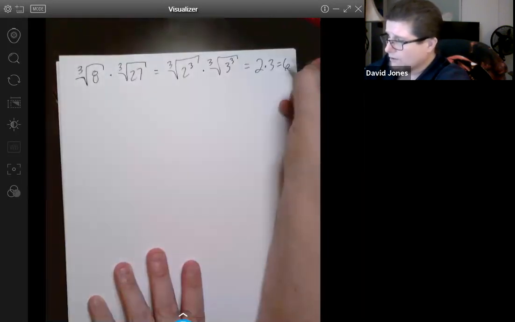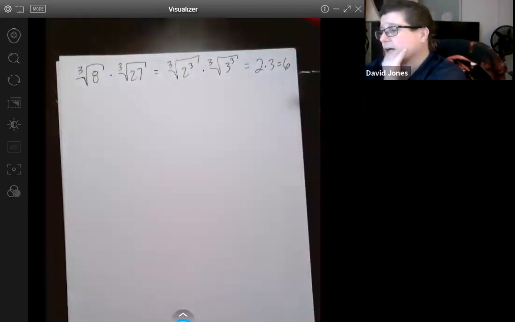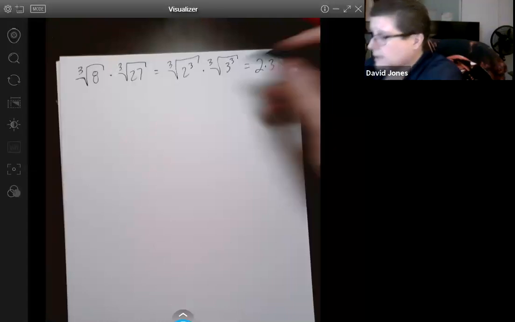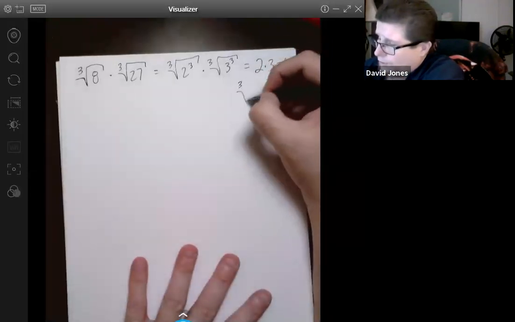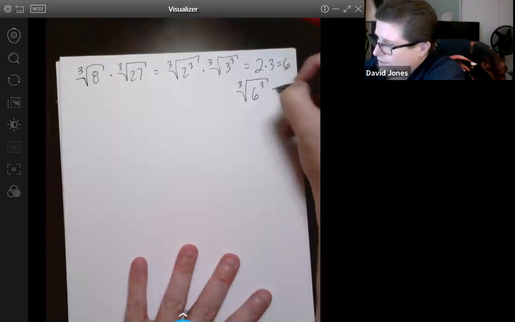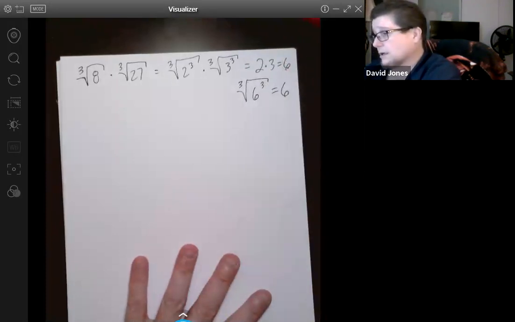And I also want to say this. The cube root of 6 cubed is also 6, right?